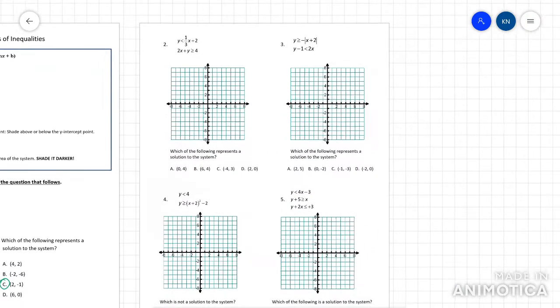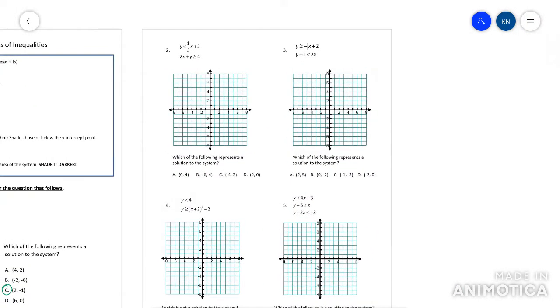All right, look at these next ones. Just looking at this, I see this equation's not in slope-intercept form. So you're going to have to subtract 2x here, and you'll get y is greater than or equal to -2x plus 4. Now it is in slope-intercept form. So I'm going to start by graphing my first line, 1/3 x plus 2. Start at your y-intercept of 2. You are rising 1, running 3.